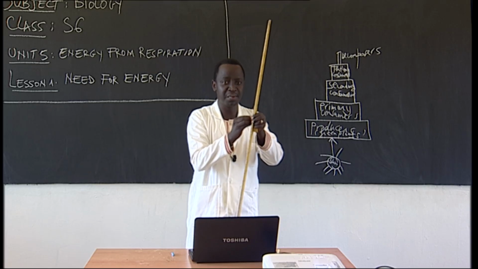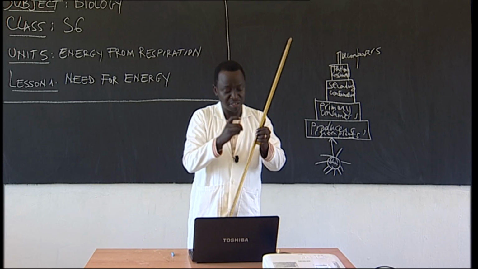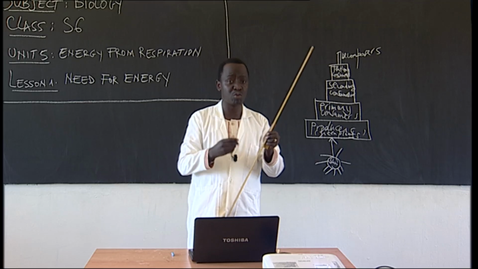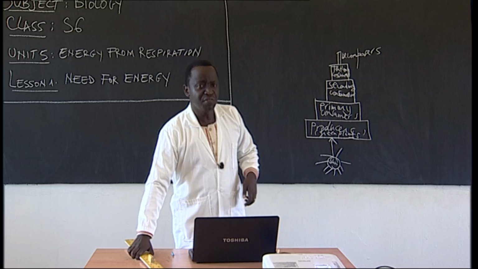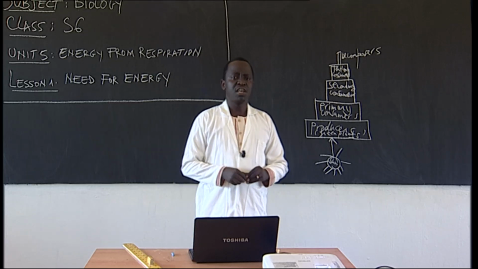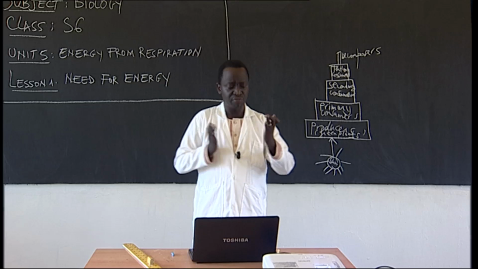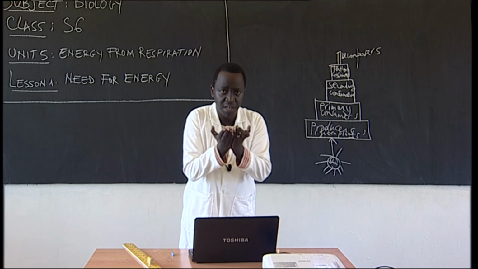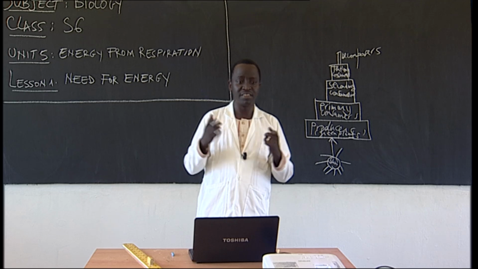How do we call this energy? Oh, we call it thermal energy. There is heat which is going to be produced because there is friction of the objects. Even in our body, if those substances are moving in our body, sometimes there is friction of substances. The energy that's going to be produced there is what you call heat energy.